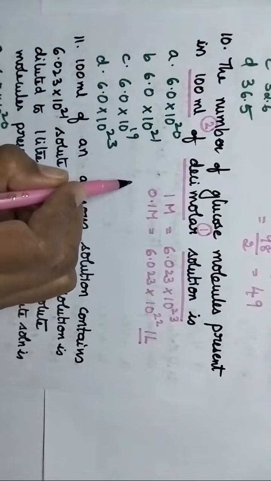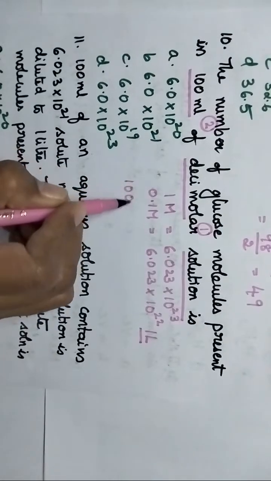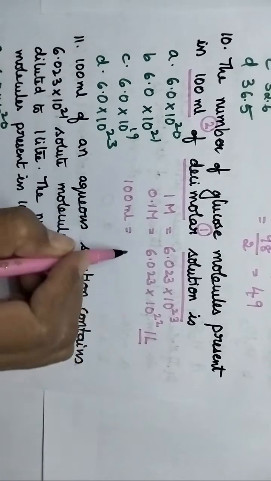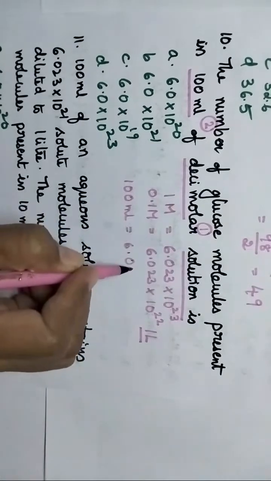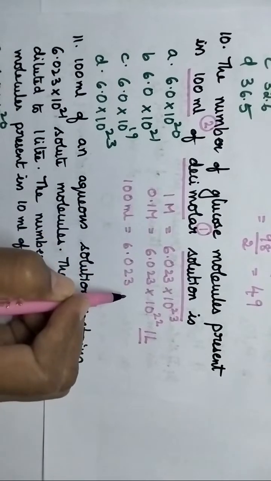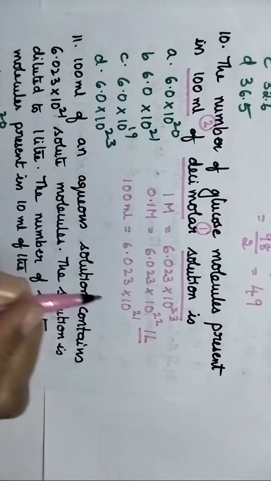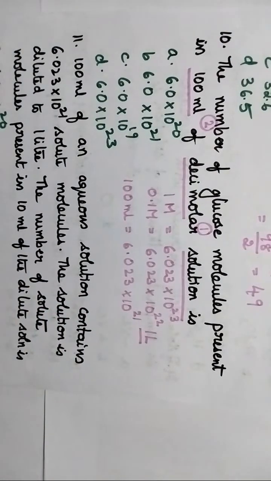So to identify how many particles are present in 100 ml, you just divide by 10. Then it is equal to 6.023 into 10 power 21. Now tell me what is the right answer.